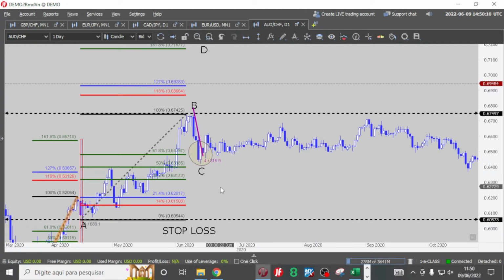This means that, number one, this is not our C anymore, this is our C, agreed? Why is that? Because of the rules. The C is the lowest point inside the AB boundary before the market hit the appropriate extension. So this was the C back in time. Today this is our C, a new C.